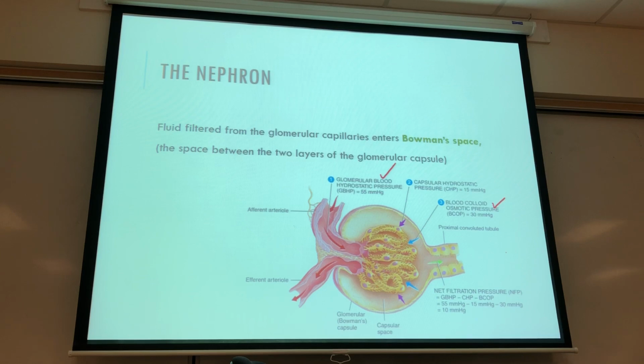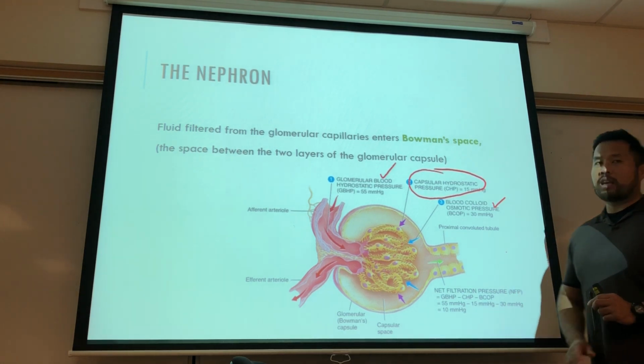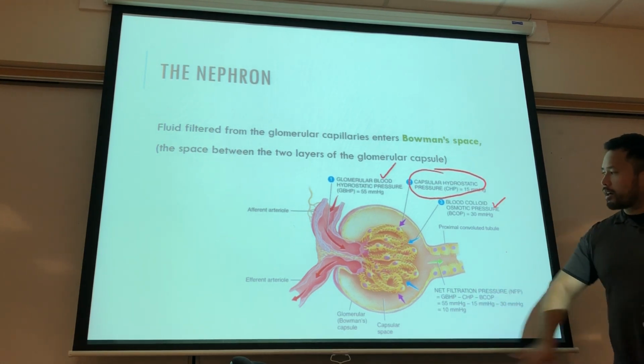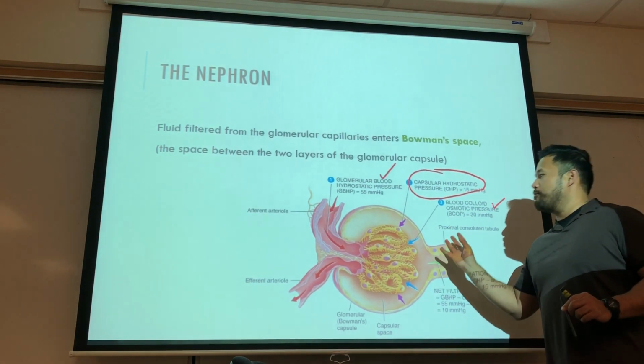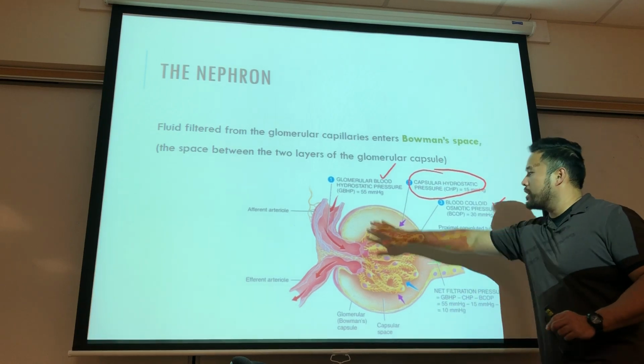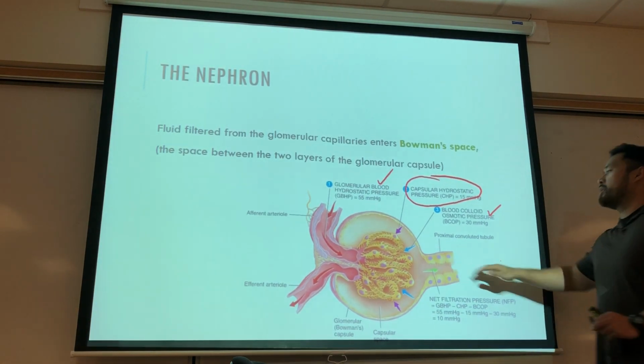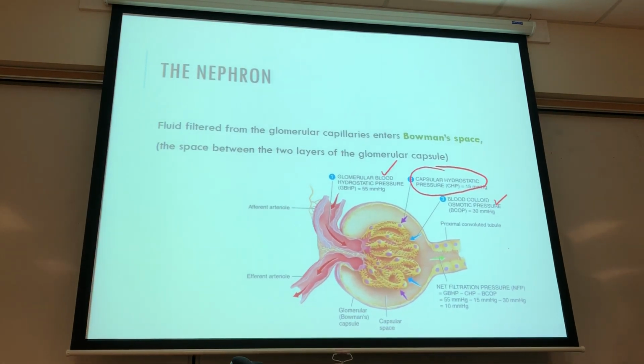The other new one that we need to look at is capsular hydrostatic pressure, and I'll talk about that in just a bit. So the process for filtration to take place, like you learned earlier, are the pressures that allow filtrate to be produced. This is going to be net fluid pressure out of the capillaries that will push fluid down into the proximal convoluted tubule.